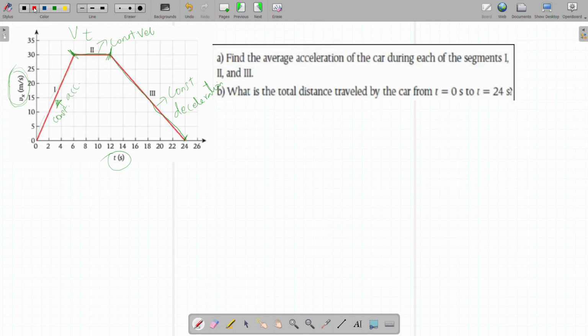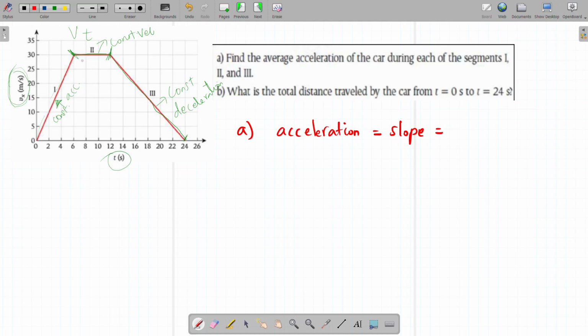And what are we going to find here? Average acceleration for segment 1. I want to find acceleration. If you want to find acceleration from the VT graph, velocity time graph, we need to find the slope.